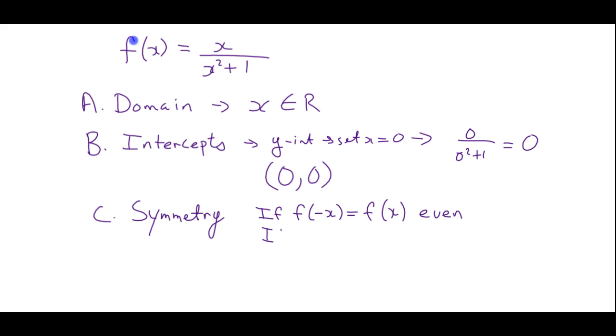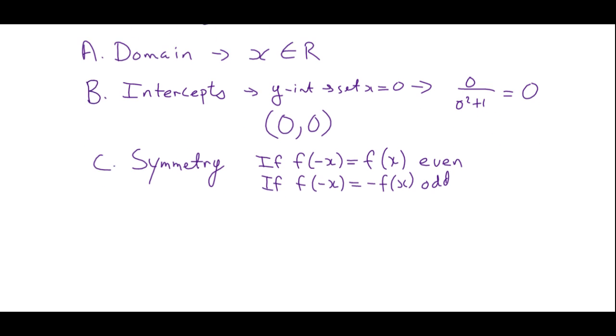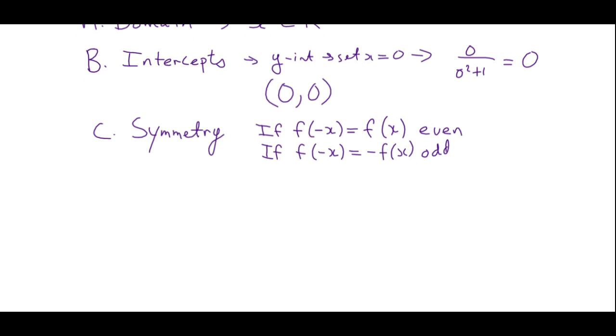And if f of negative x is negative f of x, then that's odd. Okay, and odd symmetry is a rotation around the origin by 180 degrees, or it's reflect in x and reflect in y. I mean, same result.